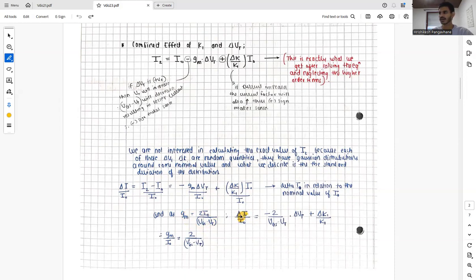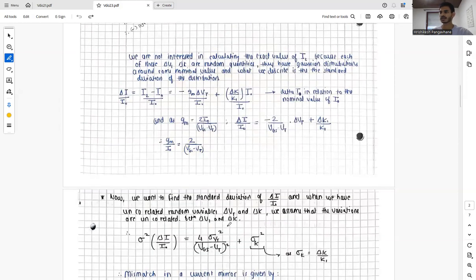So this value comes out to be minus 2 by VGS minus VT times delta VT plus delta K by K1. So from here, we can say that Gm by I naught is 2 by VGS minus VT. Now we want to find the standard deviation.